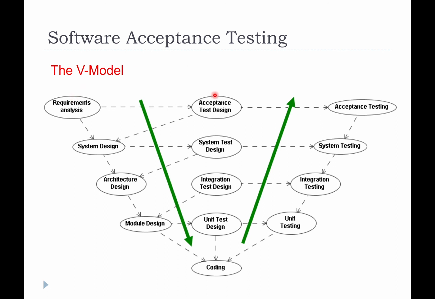So this 5 plus 4 equals 9, I'm going to use again on the real system and see: when I give it a 5 and a 4, does it finally give me a 9? That's really the whole point behind acceptance testing.